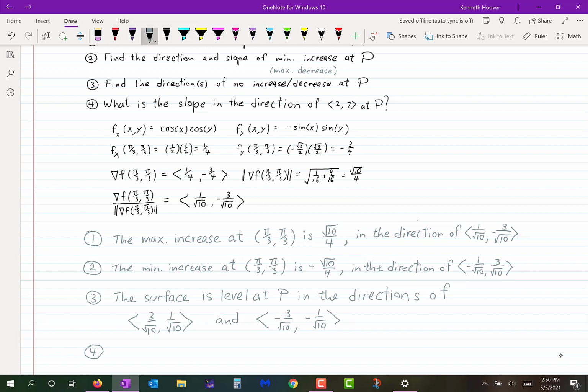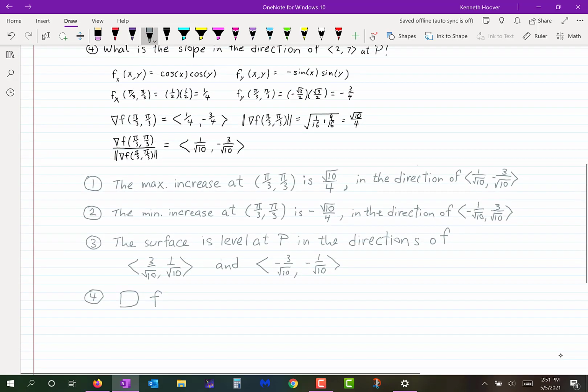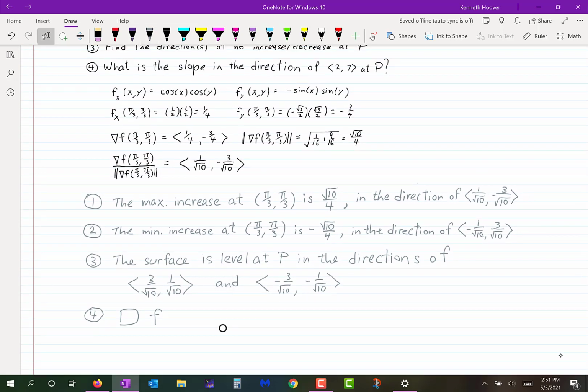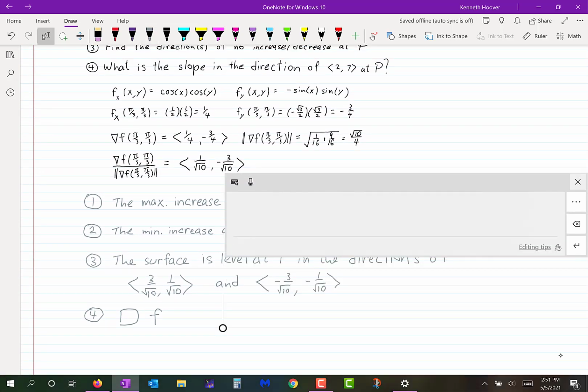Okay, so that means what is the directional derivative of F in the direction of 2, 7 at P? So it's the directional derivative of F in the direction of, now I'm not going to write 2, 7 down here because that's not a unit vector, is it?